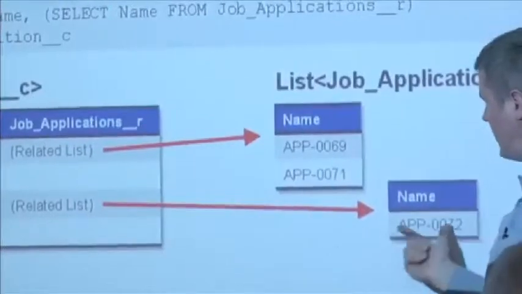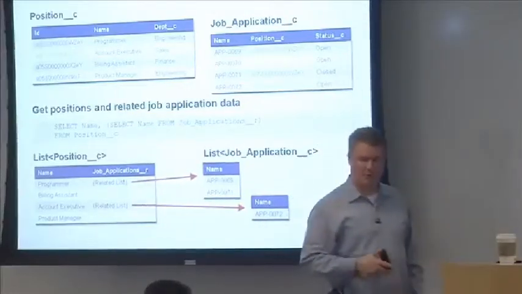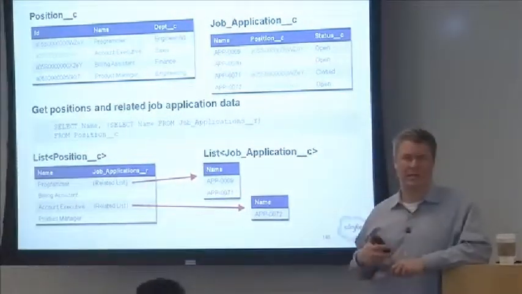And then here's the value of the name field, and then same thing for the account executive. What would happen in this case is if you don't find the records, you're just going to get back an empty list of the job applications. In order to access all of the data that you fetched here, you'd need to create an outer loop for all of your positions and then an inner loop for all of your job applications. Okay?